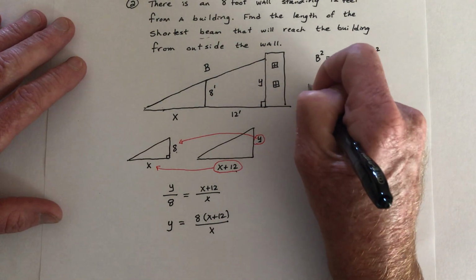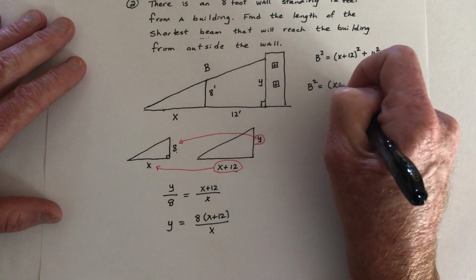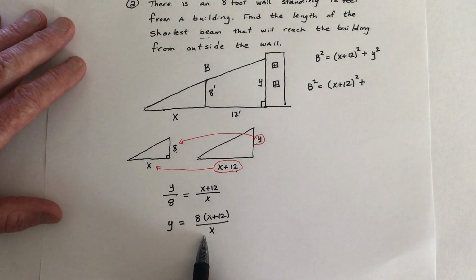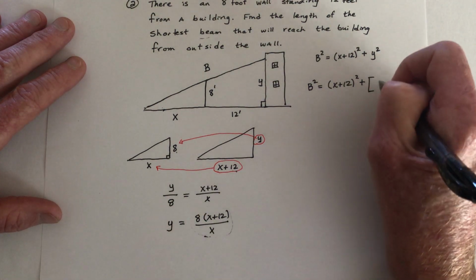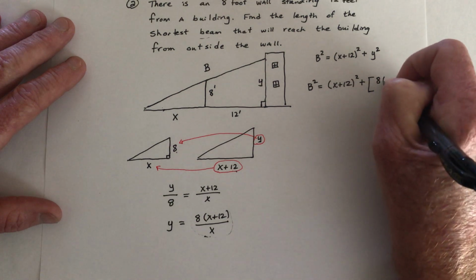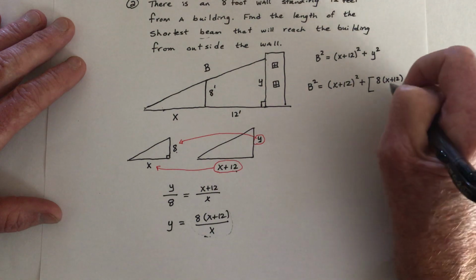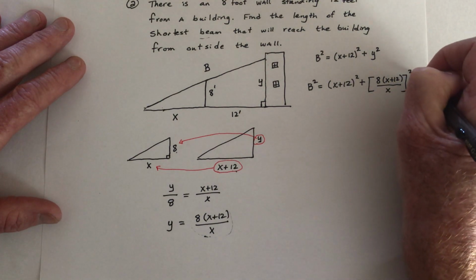So it's going to look like b squared is equal to x plus 12 squared, and then replace y with 8 times x plus 12 over x, and then all of that needs to be squared.